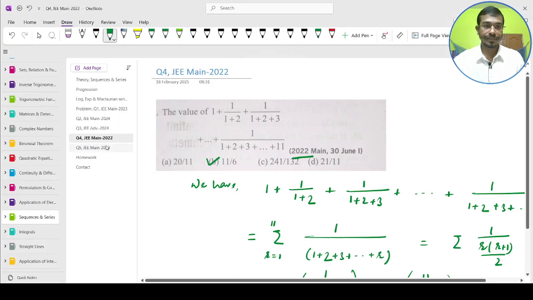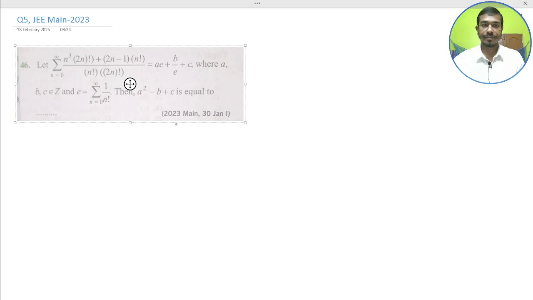Next, go ahead. The last question, another recent question, JEE Main 2023 NAT question, numerical answer type.